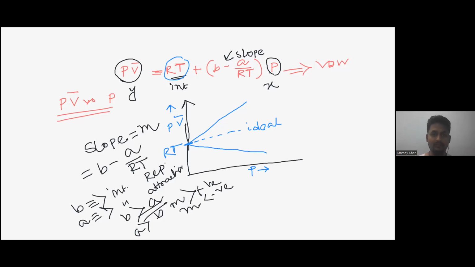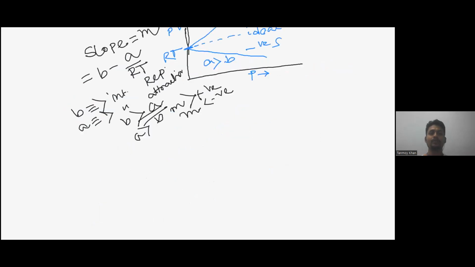But this is whenever B is greater than A, and this is when A is greater than B, right? This time the slope is positive. This is a negative slope. So if you have the basic knowledge of a straight line, then you can very easily draw and comment on the cases.